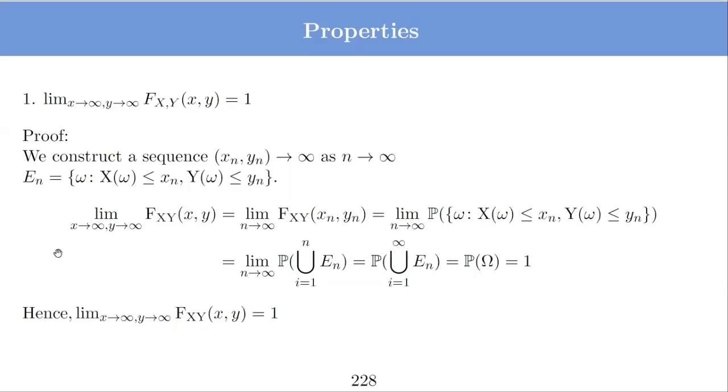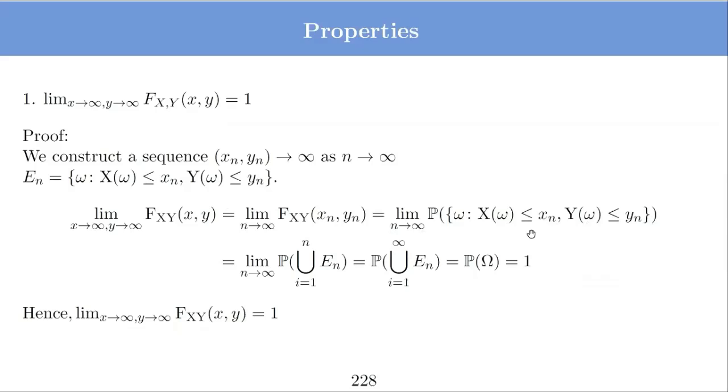This is equal to the limit n tends to infinity of FXY(xn, yn), because both xn and yn go to infinity. Now this will be nothing but the probability of the set of omega such that X(omega) is less than or equal to xn and Y(omega) is less than or equal to yn. Now this is nothing but the finite intersection of all En.